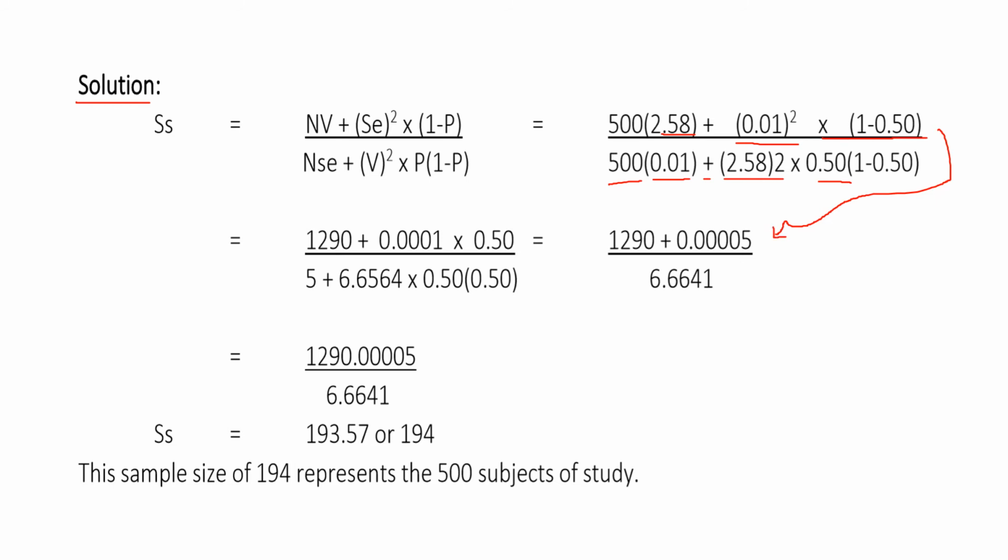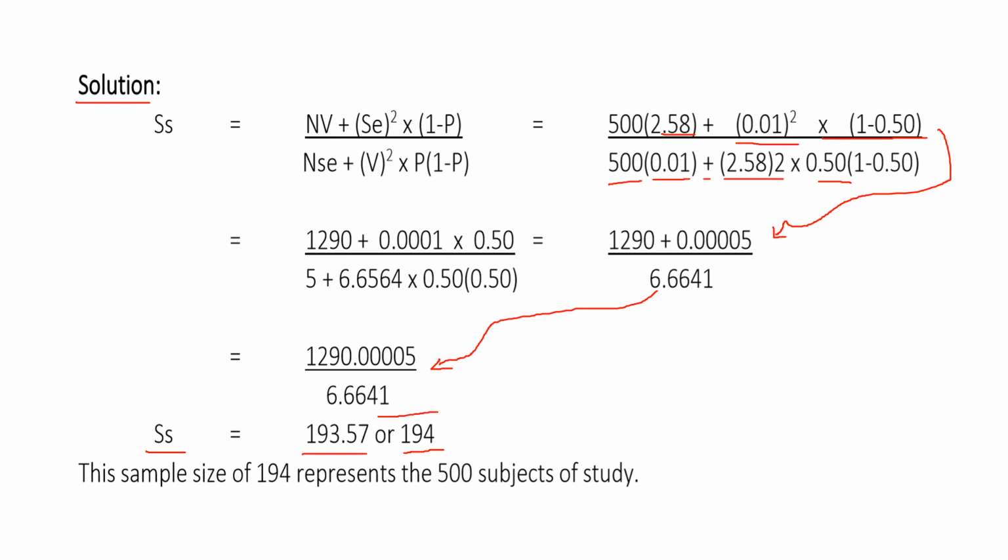As we simplify the resulting values from the numerator and denominator, using your calculator, your SS or sample size now is 193.57 or 194.